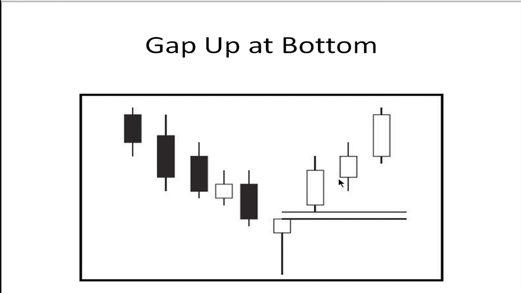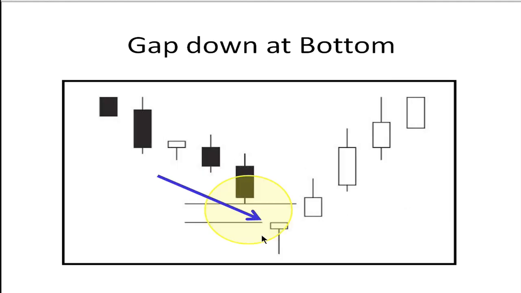There's a gap up from the bottom, and there's a gap down at the bottom. Each one of these have valuable pieces of information, and when you incorporate it with candlestick signals, it gives you extremely accurate reversal and buying setup situations.